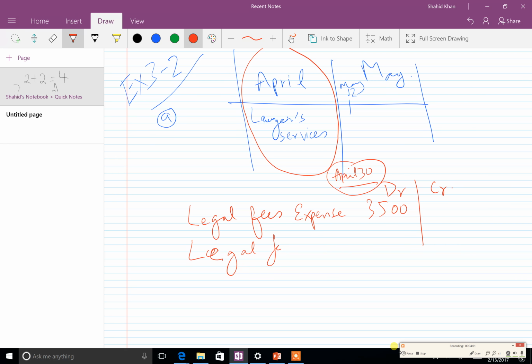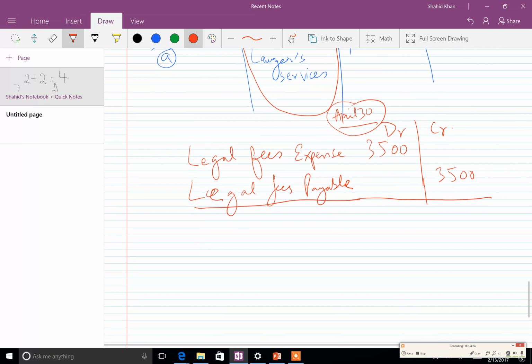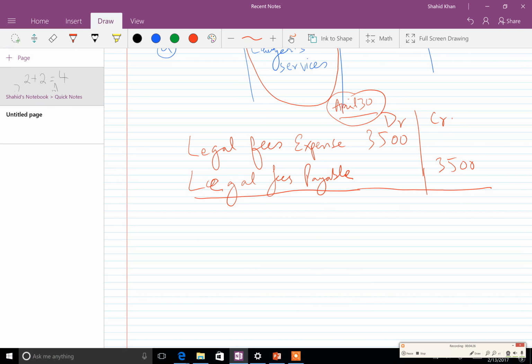So legal fees payable: you're going to create a liability for 3,500. Why are you justified in creating this liability account? Because you have used up the legal services during the month of April. So before this month ends, you must do this adjusting entry to fully reflect all those expenses that you incurred during the month of April.